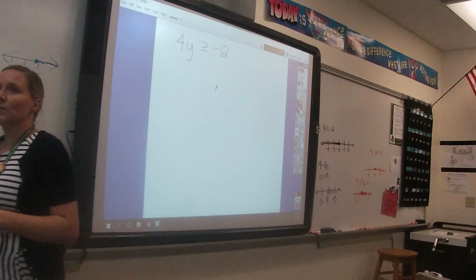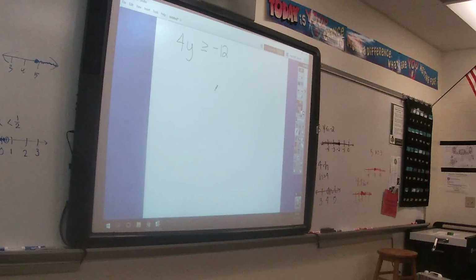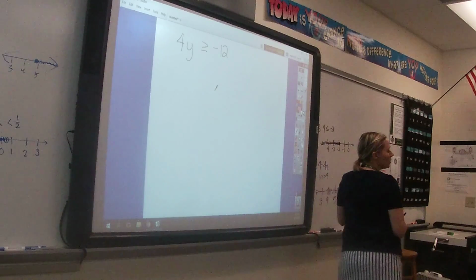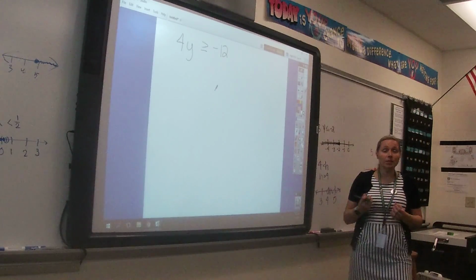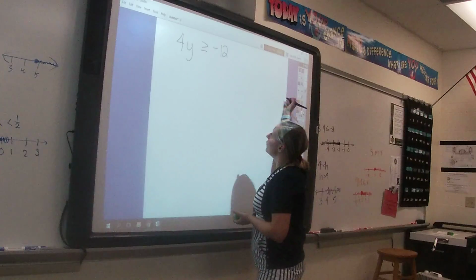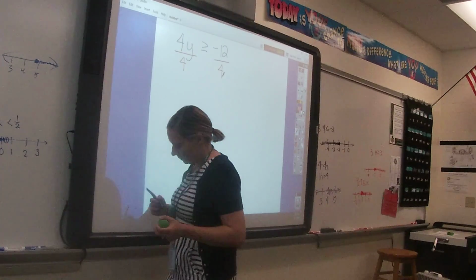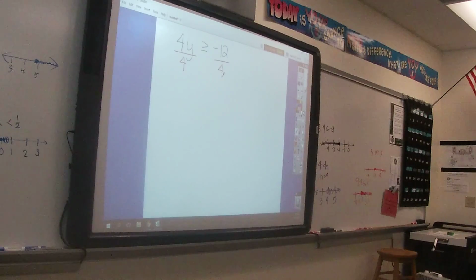For 4y is greater than or equal to negative 12. What number's over there with our variable? 4. How is it attached? Multiplication. How do we undo multiplication? Division. So we want to divide each side by 4. Are we multiplying or dividing by a negative?